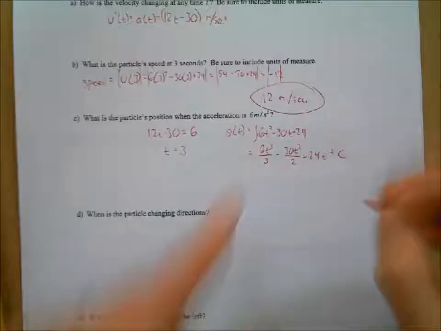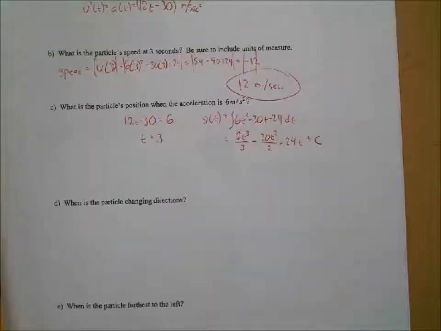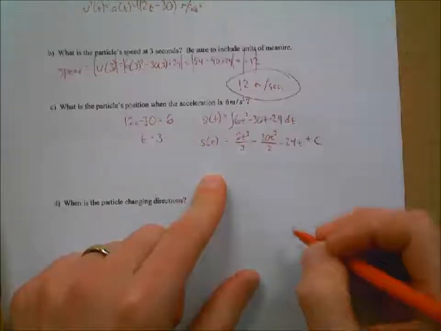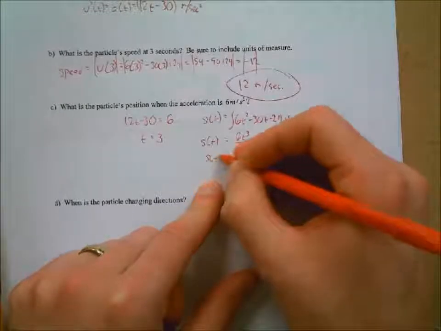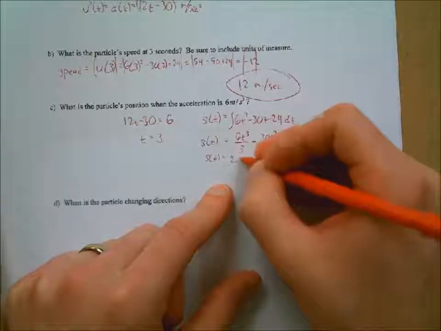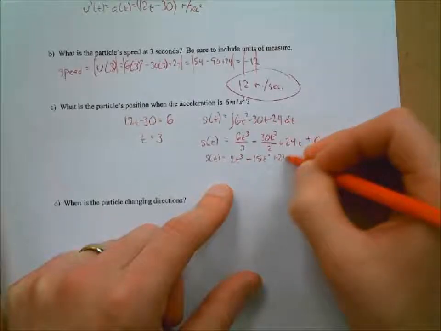I forgot the dt there. Simplifying, 6 over 3 is 2, so we have 2t cubed minus 15t squared plus 24t plus c.